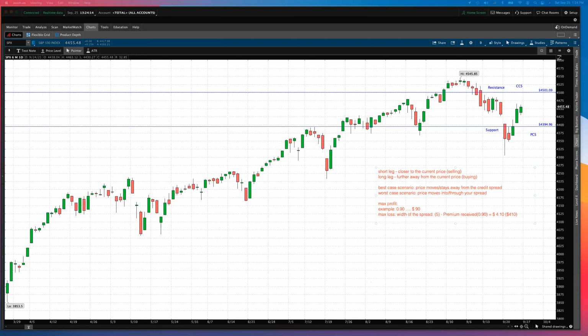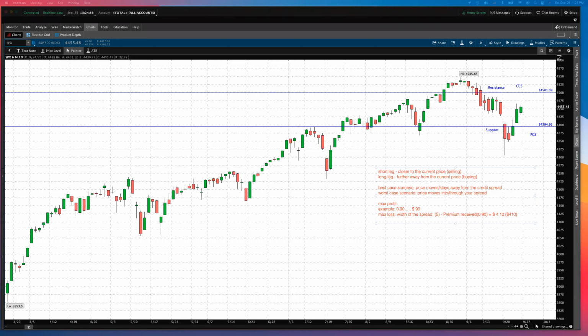So we've identified that maximum profit is the premium received. Maximum loss is the width of the spread minus the premium received. And most of the time, people will do a 0 DTE on credit spreads on the SPX. 0 here means that it expires today.